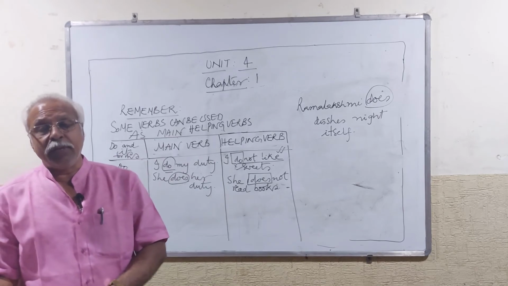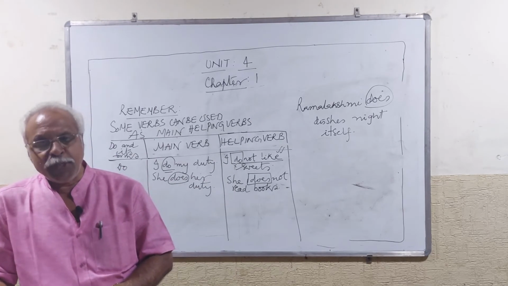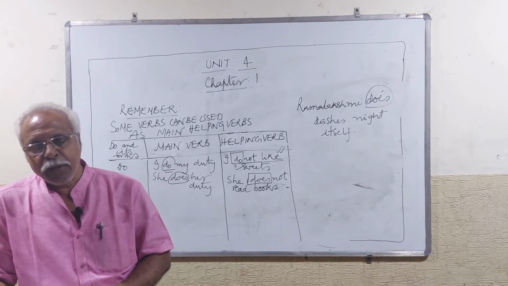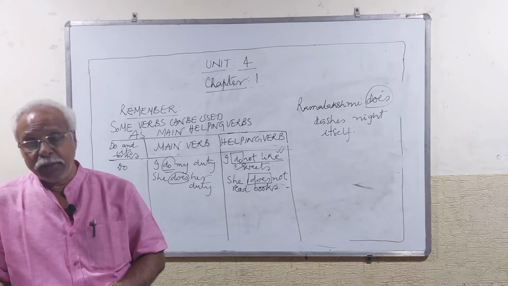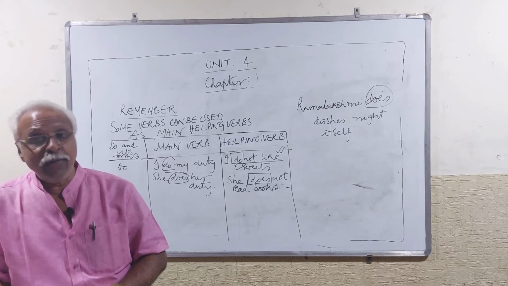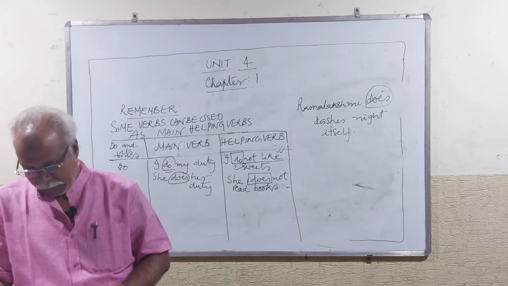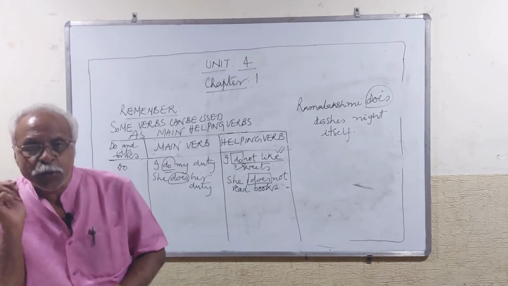To know about the job, the profession of somebody, or to know what they are doing for their livelihood, we can use do in this context. For example, what do you do, Manoj? I ask him.